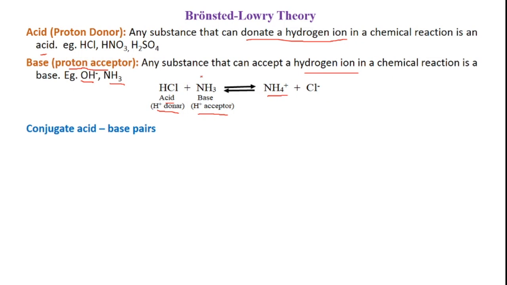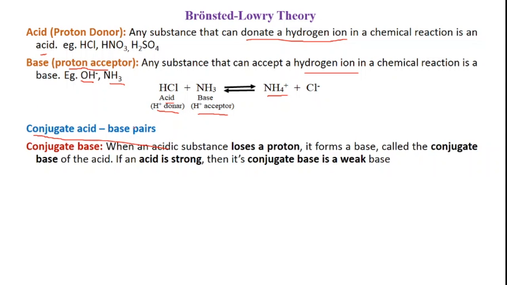According to Bronsted theory, there is one more concept, that is conjugate acid-base pairs. When an acidic substance loses a proton, it forms a base called the conjugate base of the acid. So if an acid is a strong acid, then its conjugate base is a weak base.